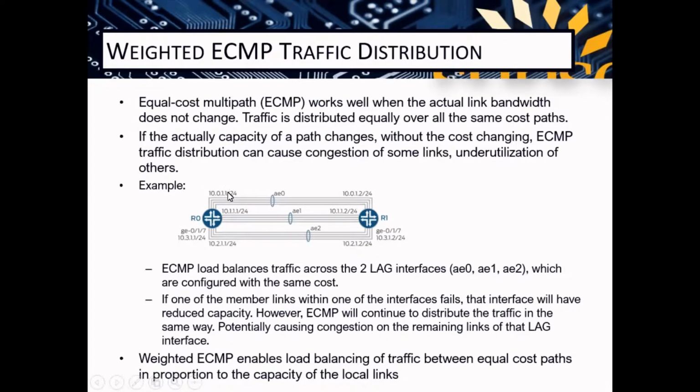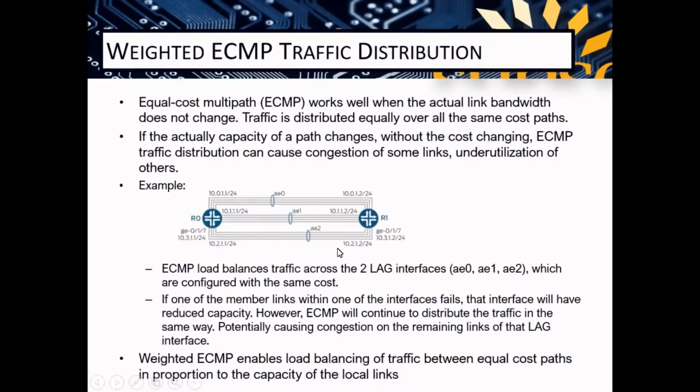So imagine that we have a situation where there are a couple of routers connected using LAG interfaces. And each one of these LAG interfaces, AE0, AE1, AE2, has multiple physical members. Now, I have ISIS enabled, and each one of these interfaces, AE0, AE1, AE2, is configured under protocols ISIS, and they have the same cost, the same metric.